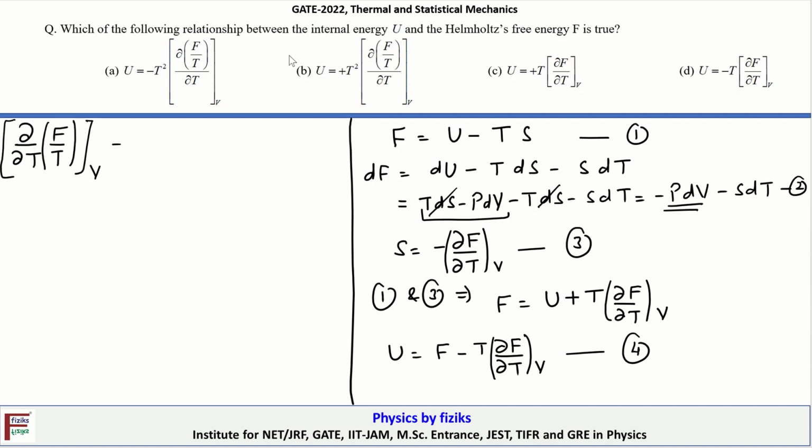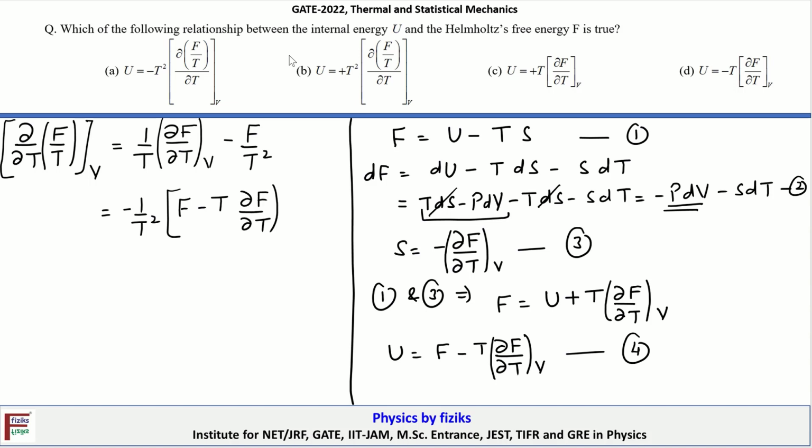That is equal to 1 by T dF by dT at constant volume minus F upon T squared. Taking minus 1 by T squared outside, inside we are left with F minus T dF by dT at constant volume.